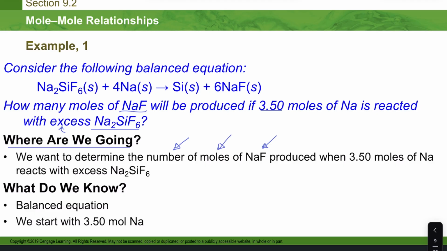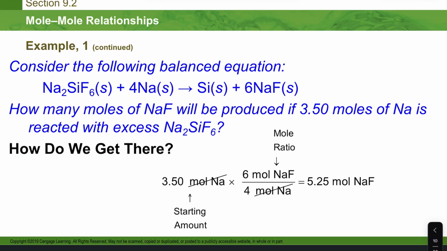And we want to know when we have the amounts that we start with. So we need to balance. The equation is already balanced, so we don't need to do that. But we do know that we start with 3.50 moles of Na. Now, I think it's easiest to think of the numbers right here on the sides as moles. That's going to be the easiest way. You could also think of them as molecules, but moles is going to save you some time.